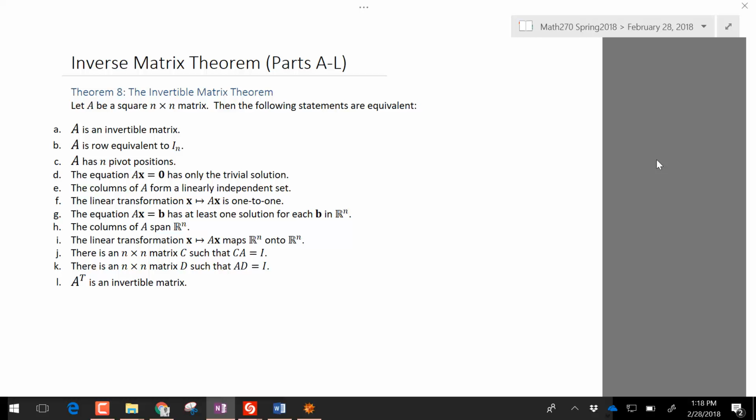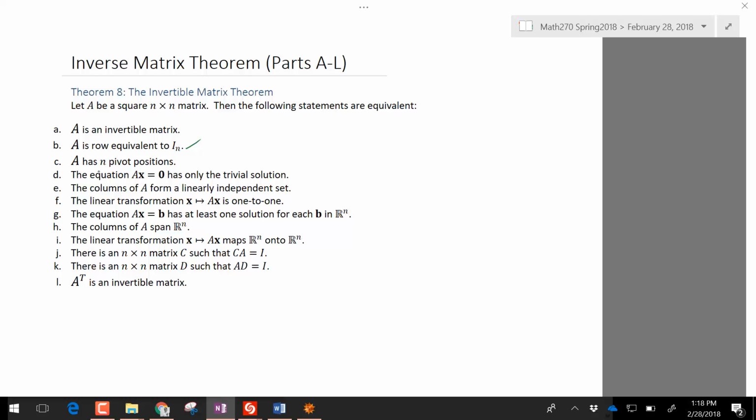If it's invertible, then it's row equivalent to I sub n, the identity. We already kind of established that. If it's invertible, then A has n pivot positions. This is an n by n matrix, so it has to be a square matrix that we're looking at.